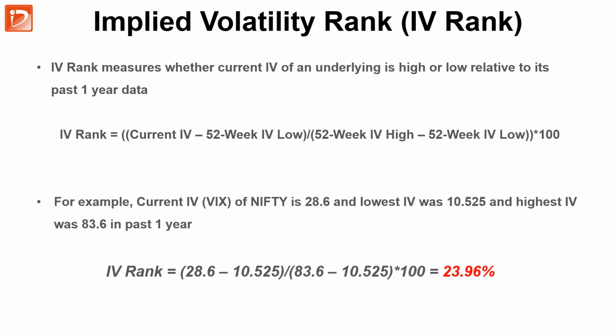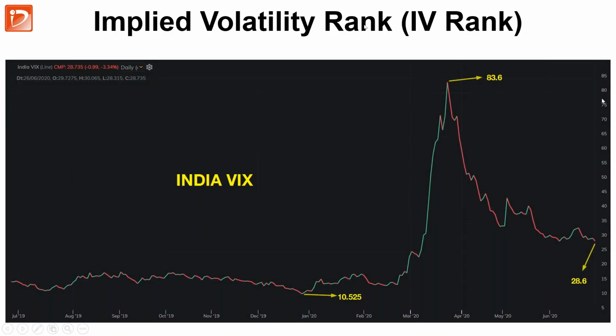Okay, now let's look at this pictorially. As I said, here is the high IV, the low IV, and this is the current IV. This is the India VIX, which is the volatility of the Nifty options.